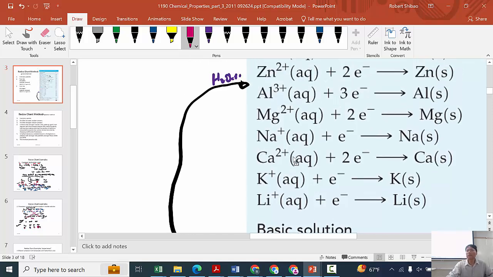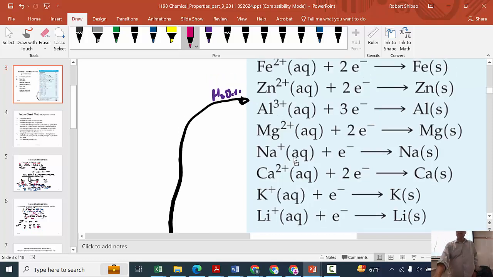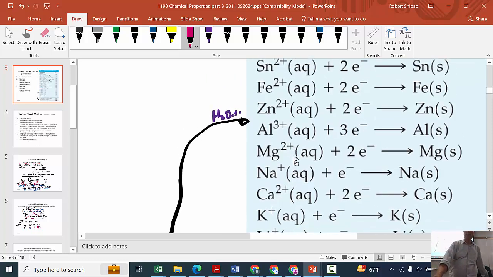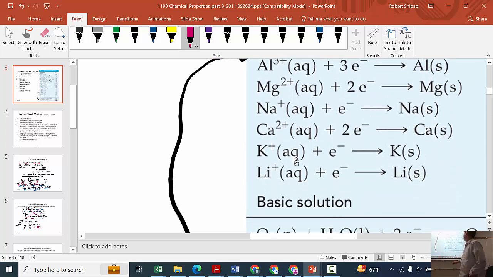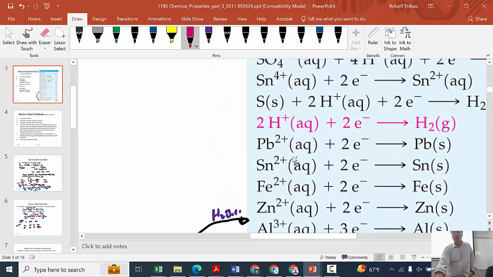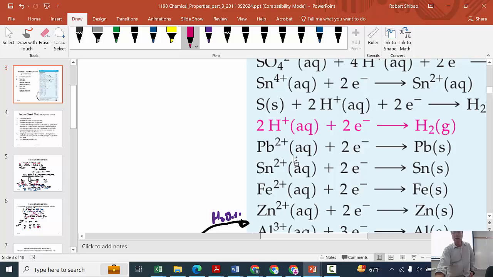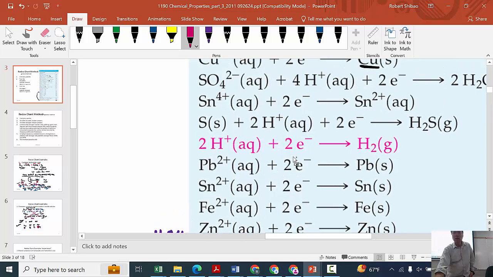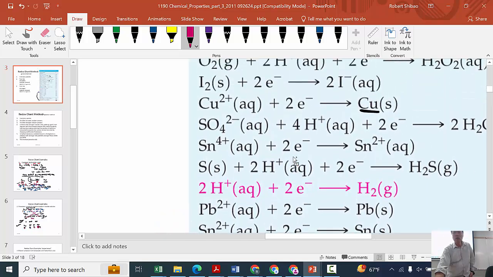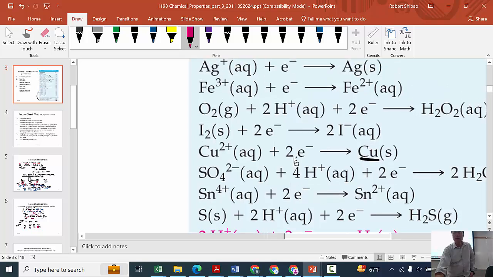Starting off with the strongest reducer, which is lithium, we have potassium, metal, very powerful reducer. We have chloride and water left. So which one's better, chloride or water?